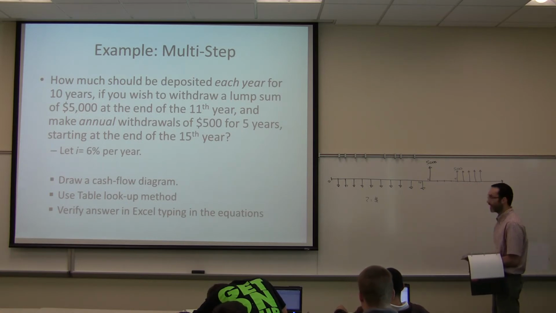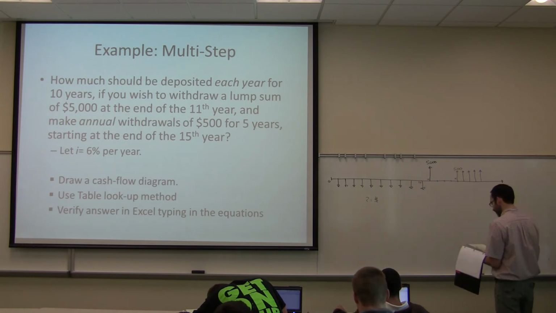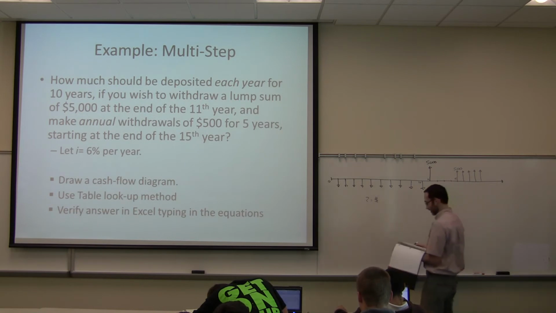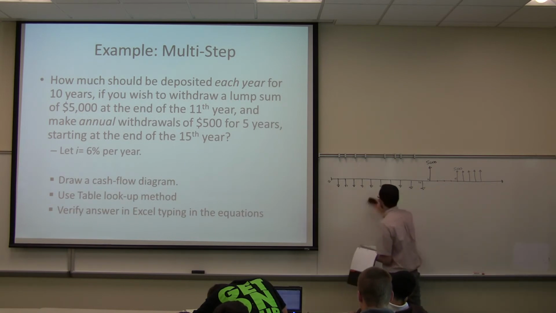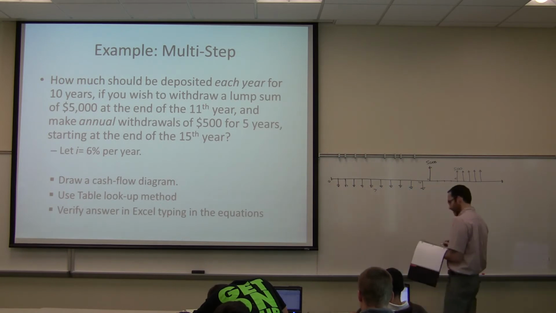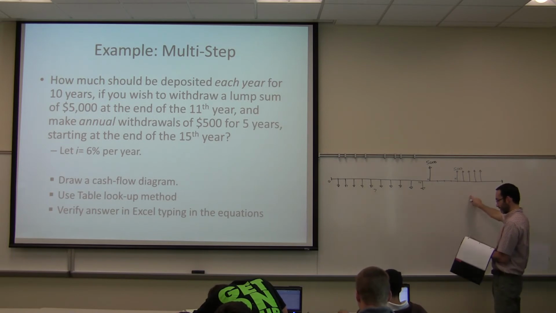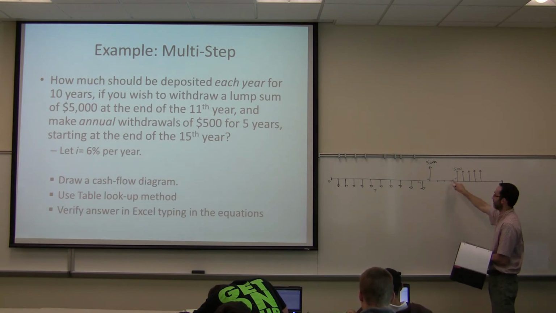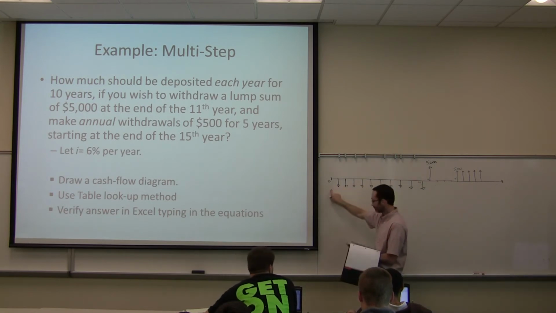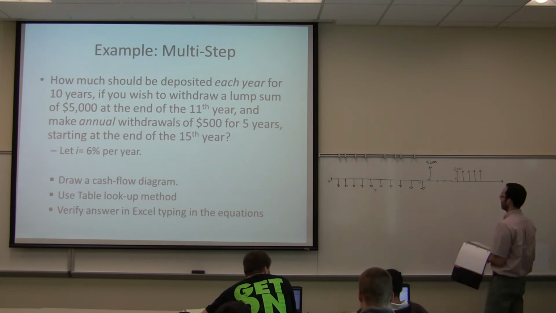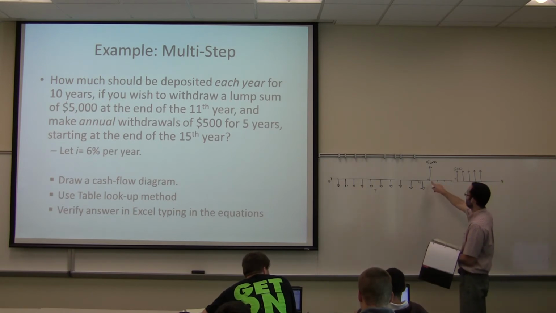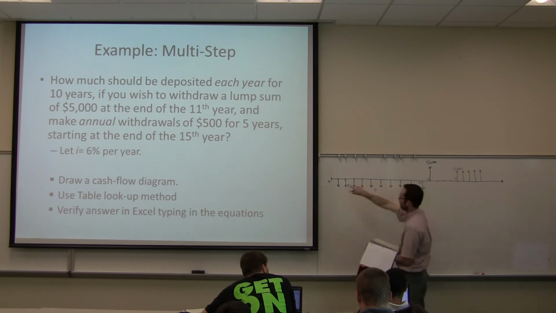Okay, so this is a multi-step problem. We can't take this all to the present in one step. And so my strategy is, first, I'm going to take the annual series here to year 14, and then from year 14 to 0. Then I'm going to take this from year 11 to year 0.